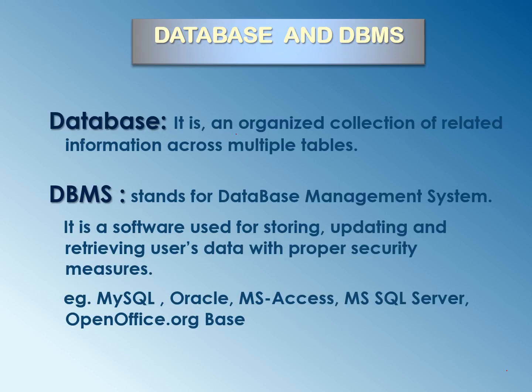A computer database is an organized collection of related information across various tables. For example, let us say we have a table about student information, another table about mark details, and still another table about the fees details.